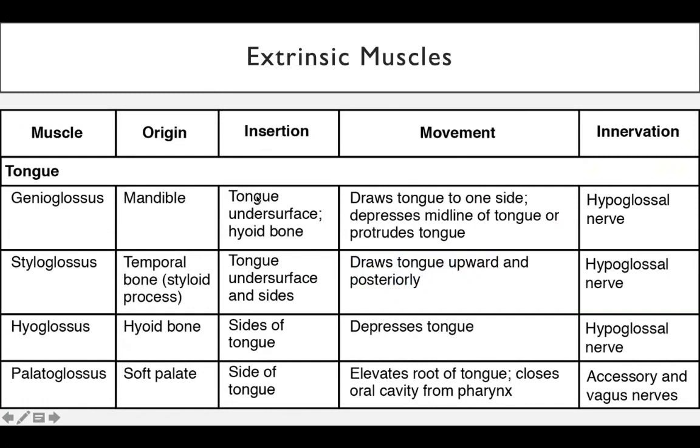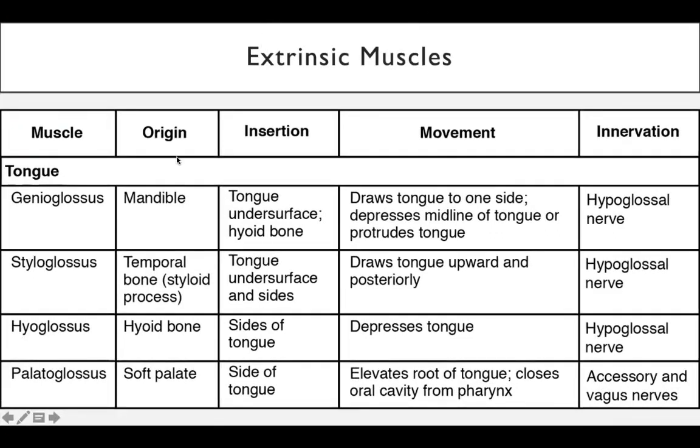Next, it is inserted to the tongue and the under surface of the hyoid bone. Two insertions. So what is origin? Where the muscle takes its origin, which is attached. One is origin and one is insertion. Origin is a fixed point, and insertion is the point which moves when the muscle contracts and relaxes.